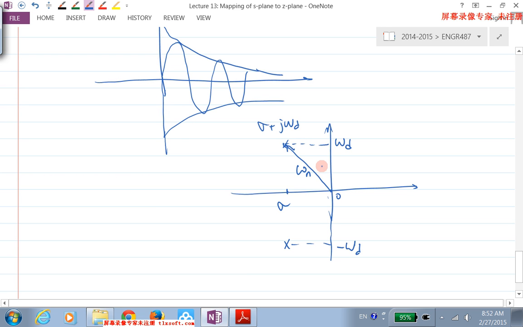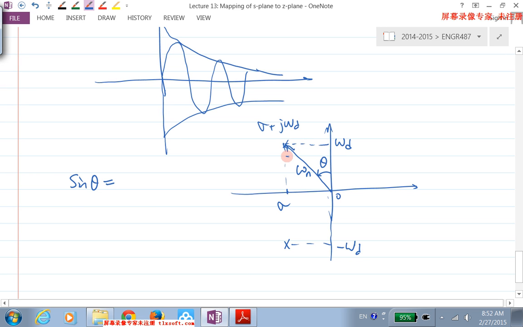I'm going to define this as theta, the angle from this axis up to this pole location. What will be the sine of theta from the geometry?